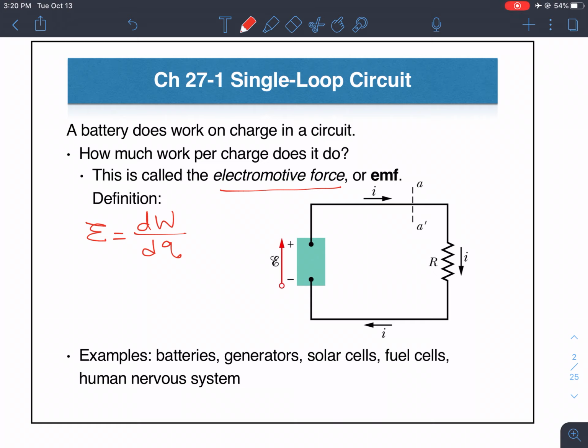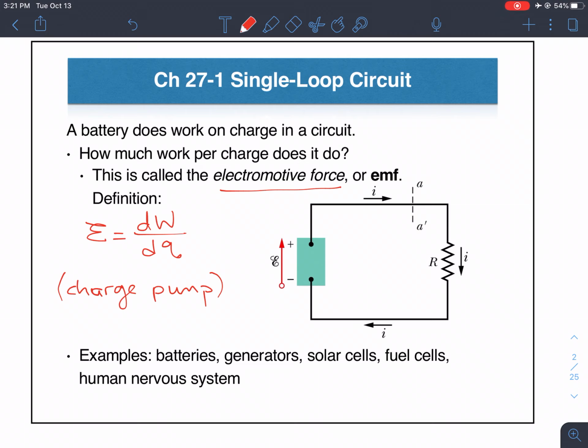And so here we talk about EMF, and we will show that it is really the voltage. Some examples are batteries, generators, solar cells, fuel cells, and the human nervous system is even an electromotive force, or EMF.